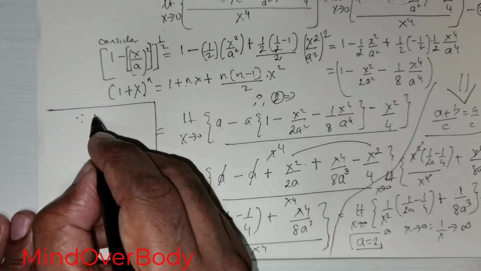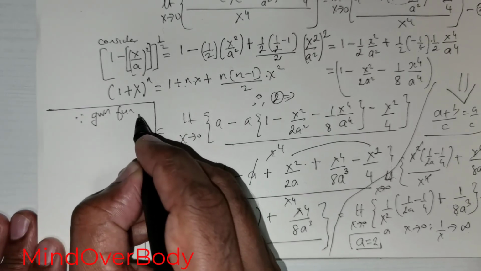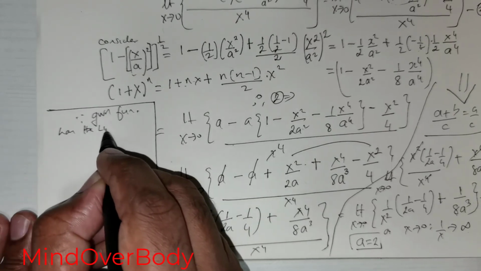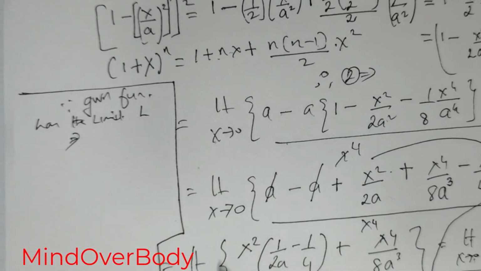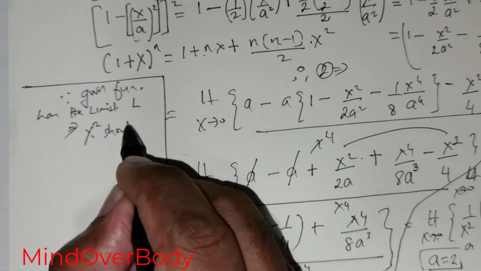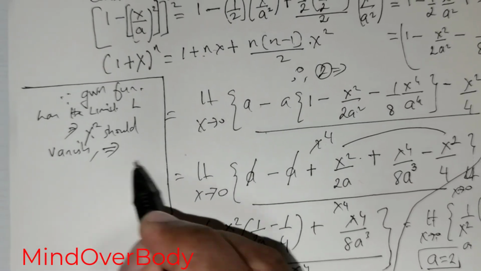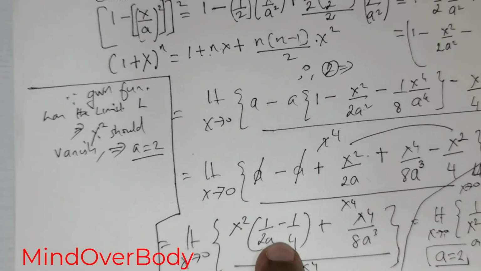Since given the function has the limit L, this implies the x squared term should vanish. This means a should be equal to 2, right? They should perish.